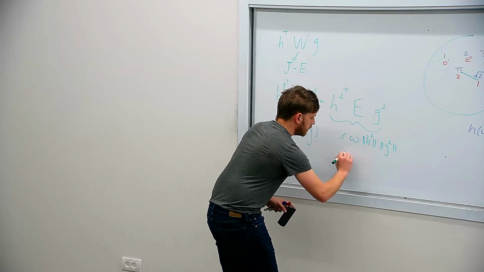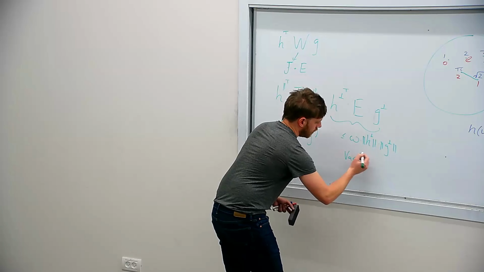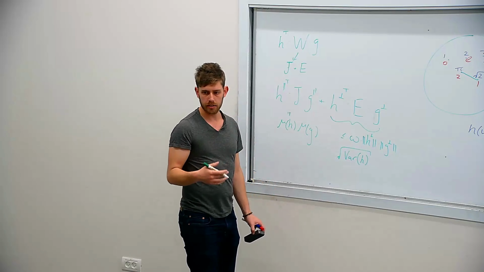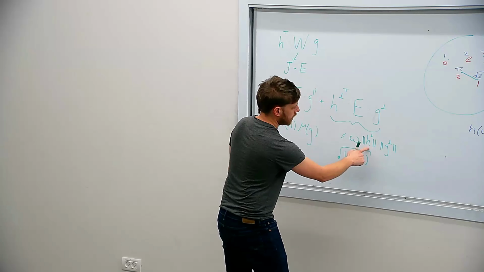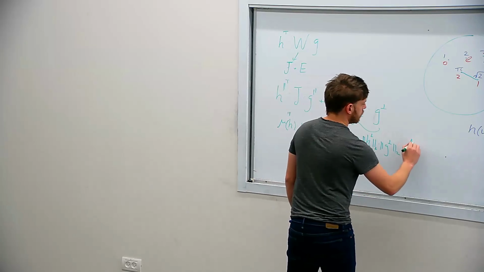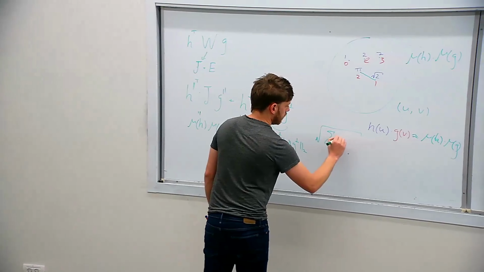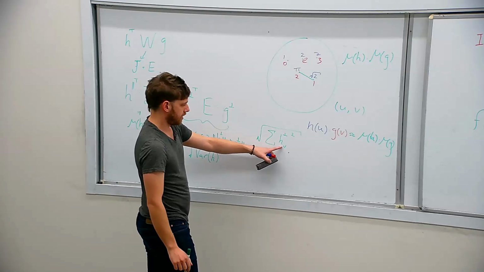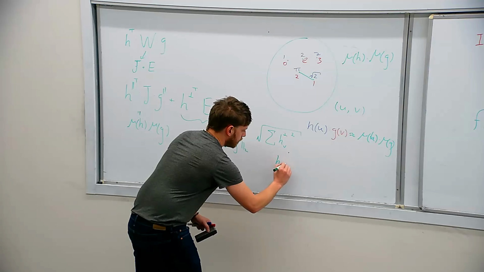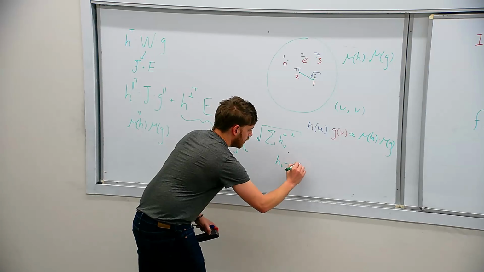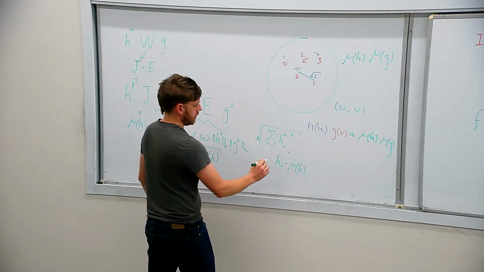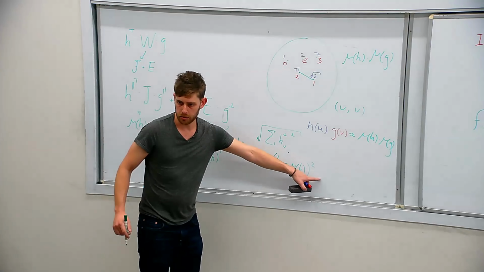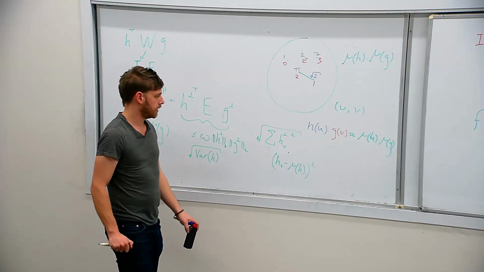And this is simply the square root of the variance of H, because the norm is the square root of the sum of H squared, where H perpendicular at V is H of V minus the expectation of H. This is X minus expectation of X, squared, which is just the definition of the variance.